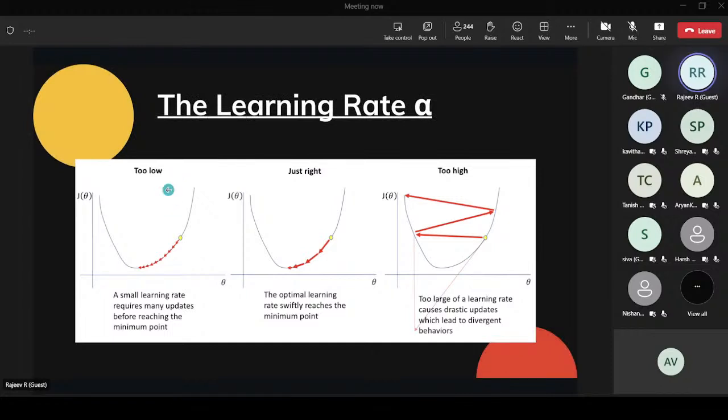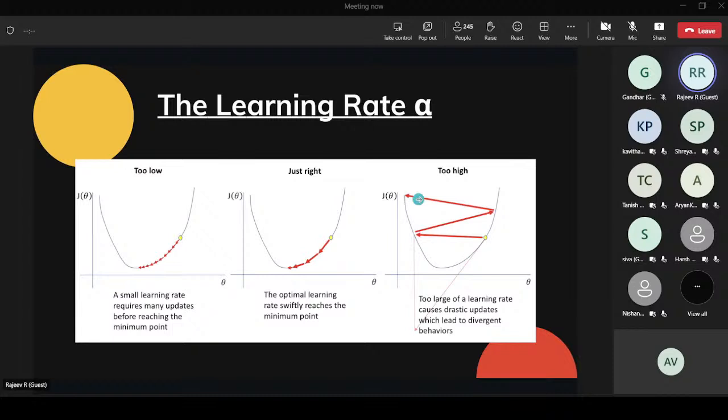As you can see in the formula, the change in variable is proportional to the learning rate at that particular point. So if the learning rate is too low, the change in variable will also be really low, and we have to compute a lot. That will lead to more computational power and resources needed to carry out this gradient descent.